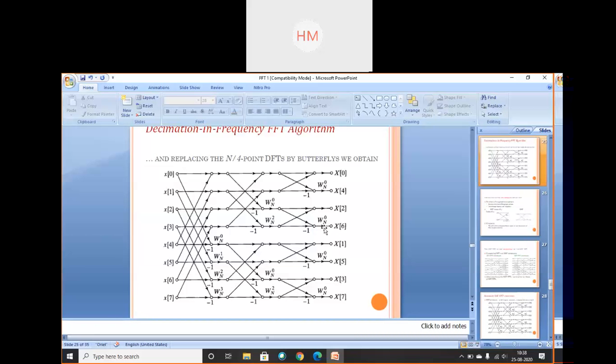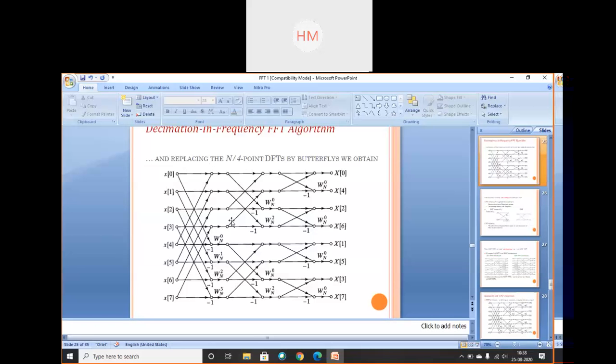But DIF FFT, decimation in frequency, decomposes the DFT by recursively splitting the sequence elements X of k in the frequency domain into sets of smaller and smaller subsequences. Here we are splitting these DFTs in frequency domain.